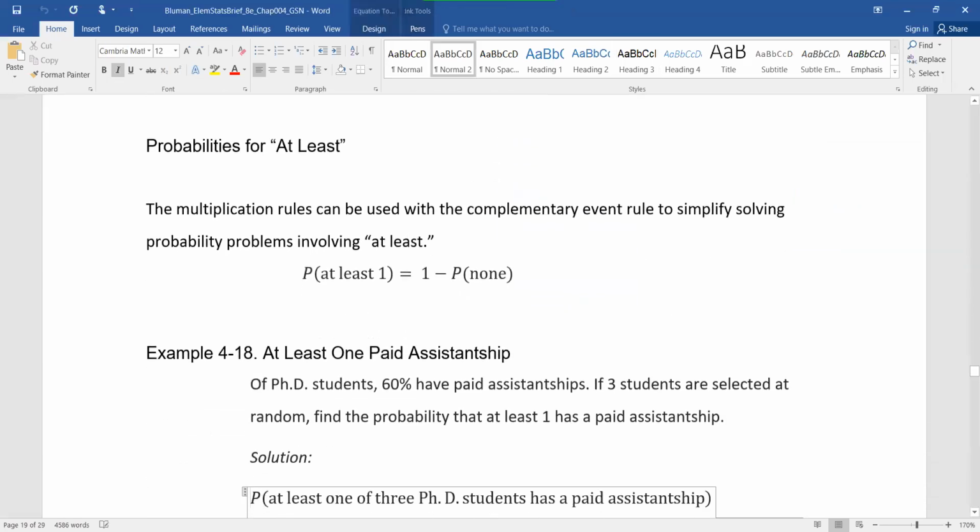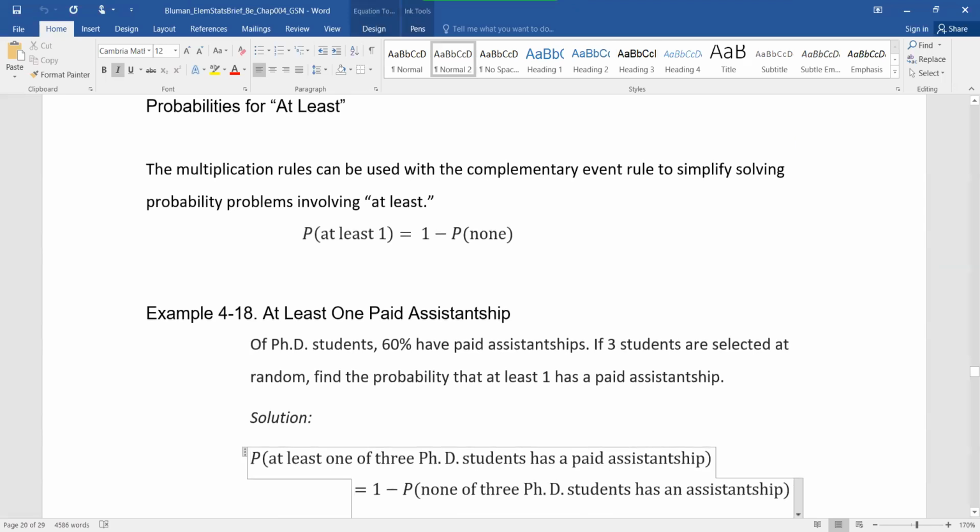So, probabilities for these words that say "at least." The multiplication rules can be used with complementary event rules to simplify solving problems involving the word at least. For instance, if I want to find the probability of at least one thing happening, I could just say 1 minus the probability of none happening, and that would give me the same probability.